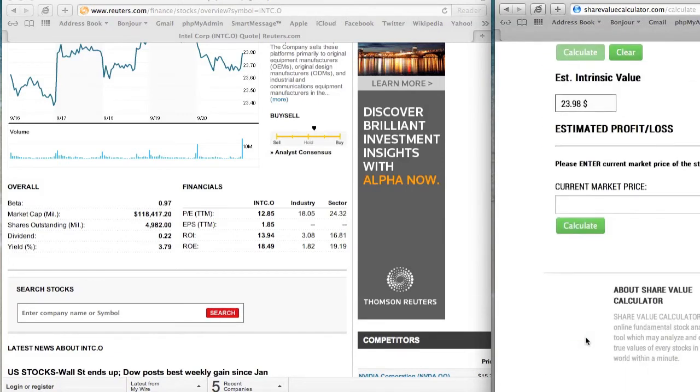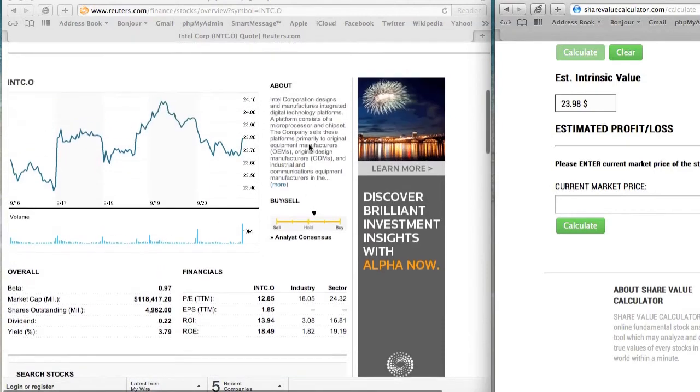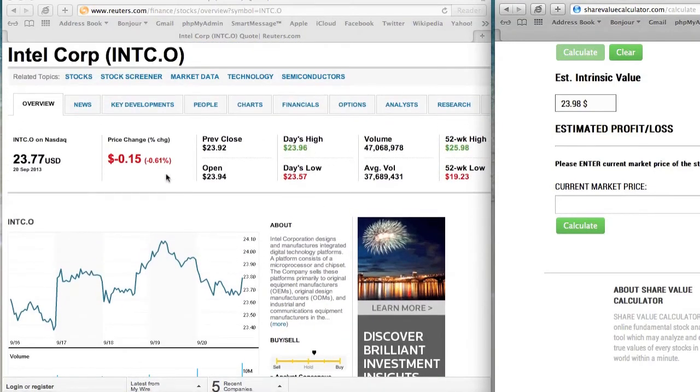Here it's shown that the intrinsic value of Intel is $23.98. Let's look at the current market price once again.